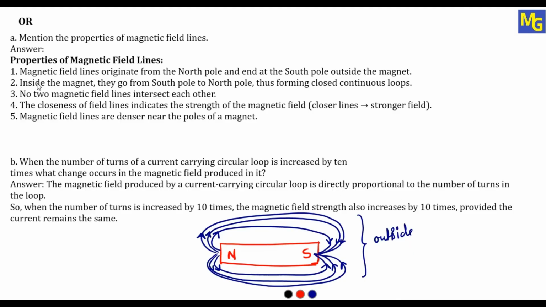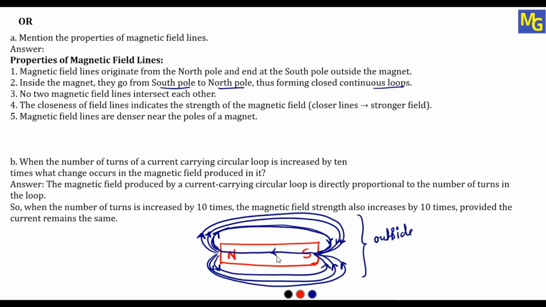Second property, inside the magnet they go from south pole to north pole, thus forming a closed continuous loop. It is correct. See here, once the magnetic field line emerges from the north, it goes and merges at the south. From the south, from inside the magnet, it will go like this and it completes the circuit.